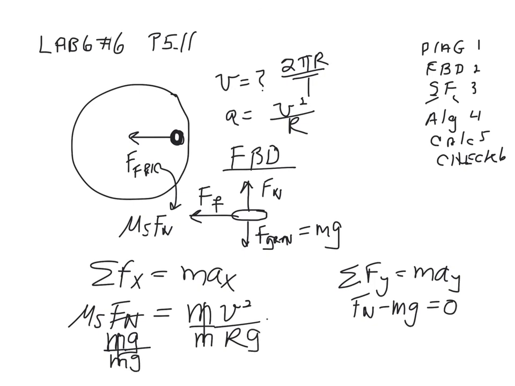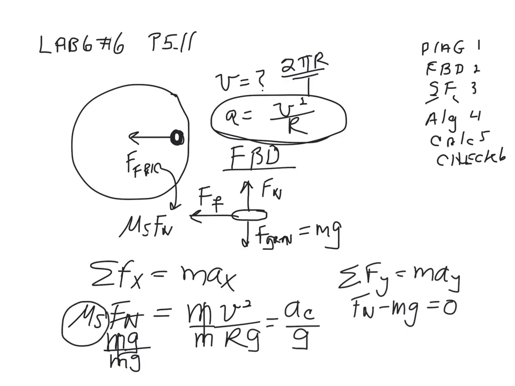And I get this. So the v squared over r is the a_c. So it's v squared over g r, or a_c over g, either way of writing it. And the a_c you got when you answered the previous question. And so that will give you the mu s.